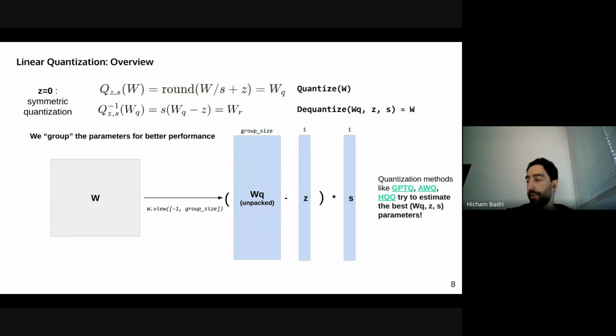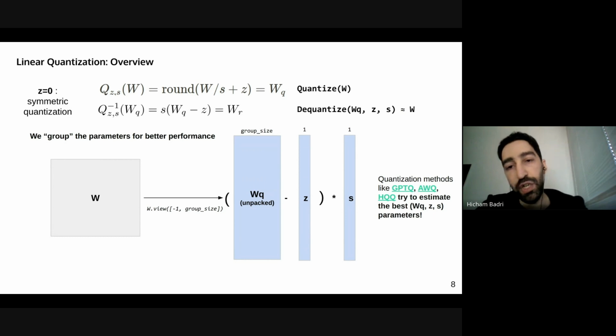For a set of weights, you have a single scalar and a single zero point. If you do it channel-wise, let's say your weights are of size out features by in features, then for each row, for example, you could have one zero point and one scaling factor.